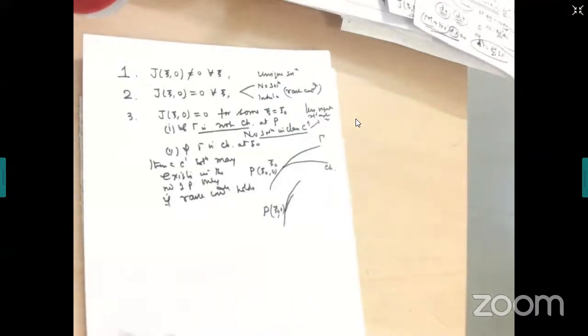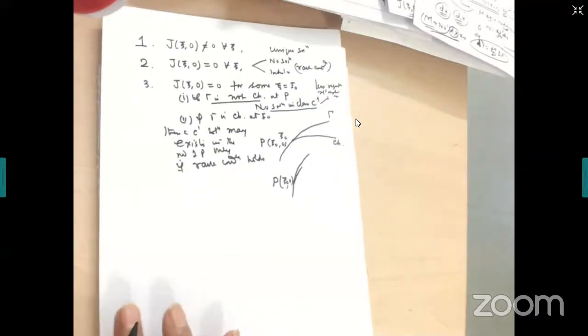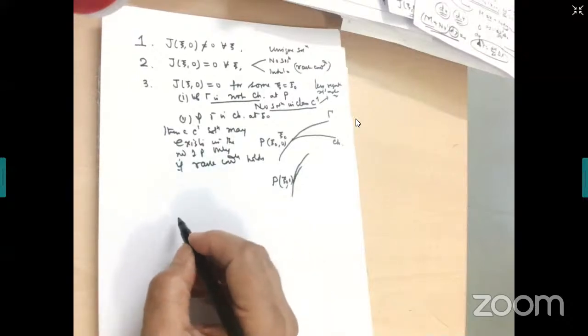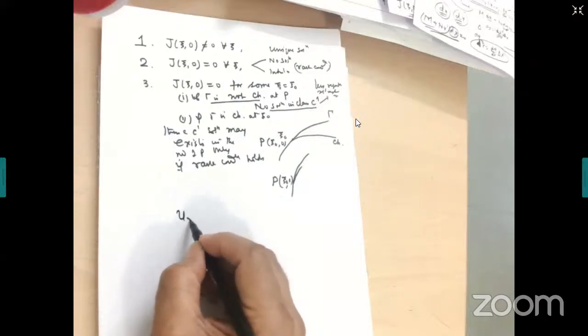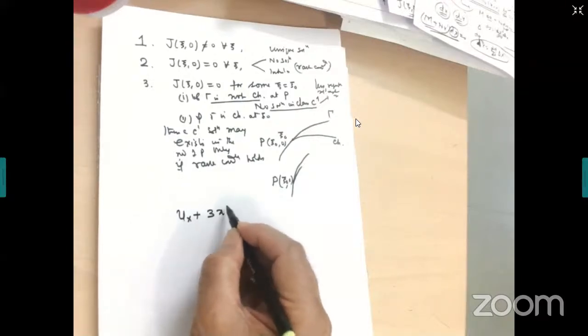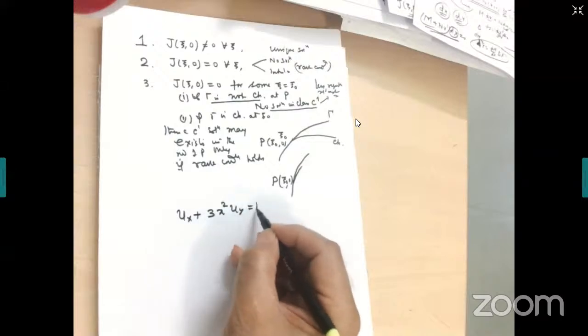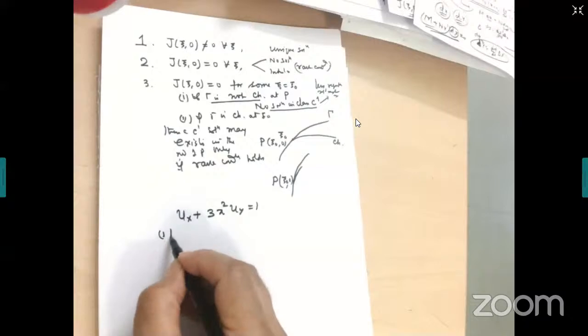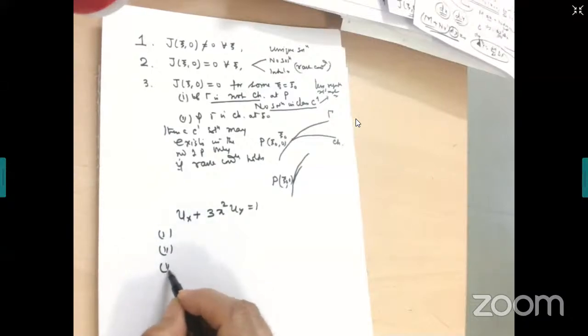So these are the cases. Time is up, but can you please note down these problems? Ux plus 3x square uy is equal to 1, and please work out with different initial conditions.